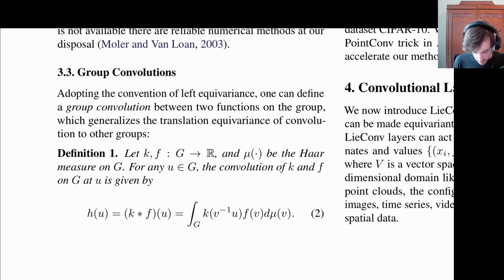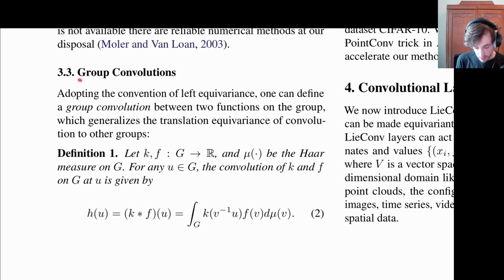Before we wrote something like u^-1 applied to v, so a transformation via the inverse action of the group acting on the kernel, and then integrate it over f. Here we now see this order is changed, so v^-1 applied to u instead of u^-1 applied to v, but this is because here they talk about convolutions, and before we have been looking at correlations actually.